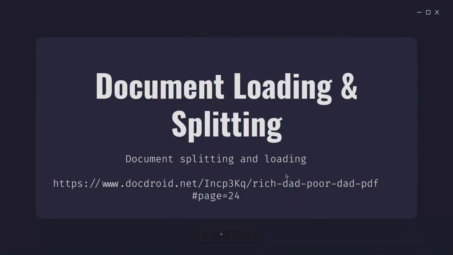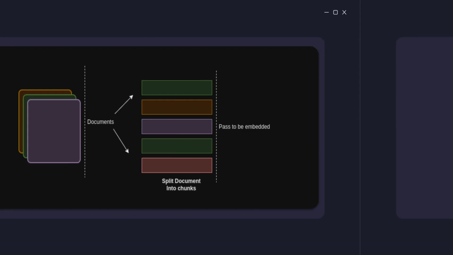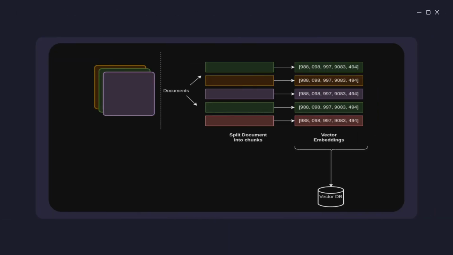So good. Now that you have done that, you have loaded the document, split it into chunks, created embeddings of each, and finally stored that in a database. Embeddings are just chunks of those documents stored in a numerical representation, right?